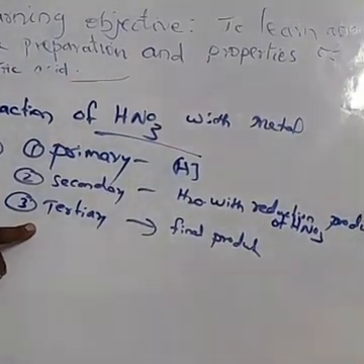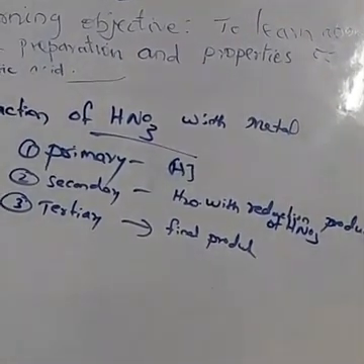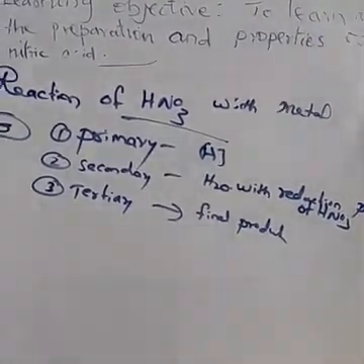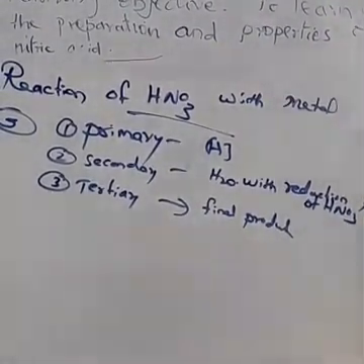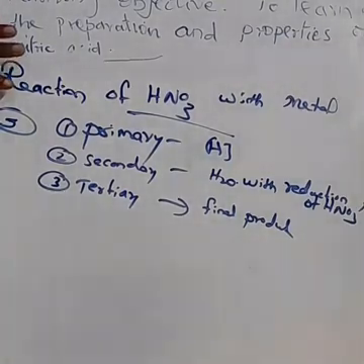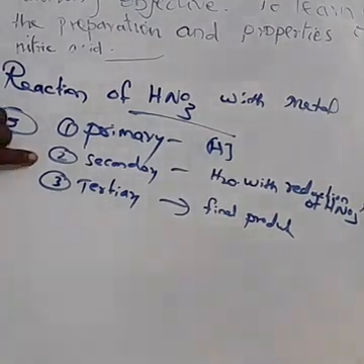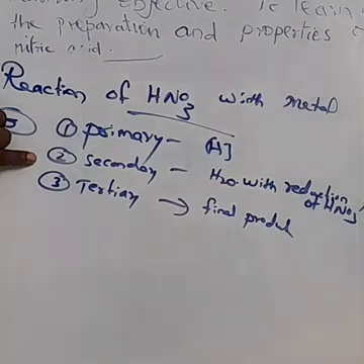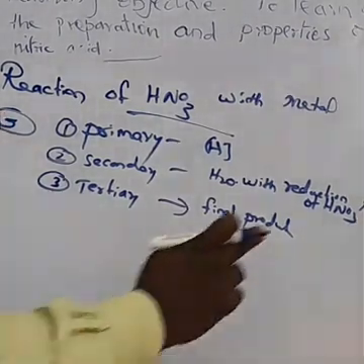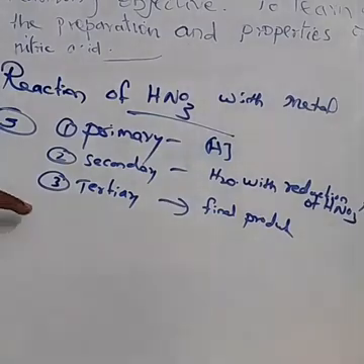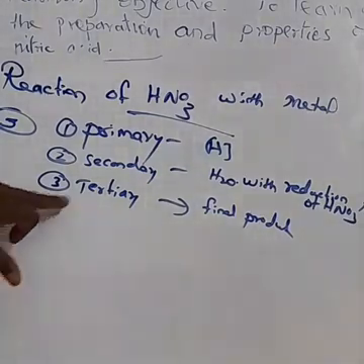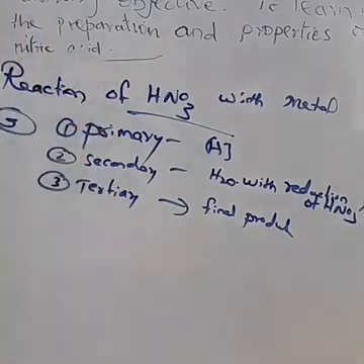During the tertiary step, by decomposition or reaction, we get a final product. These are the 3 steps. What is the first step? Primary: the metal reacts with nitric acid to form nascent hydrogen. Second step: the nascent hydrogen produces the reduction product of nitric acid. The third step: the secondary product either decomposes or reacts to give the final product. Okay.